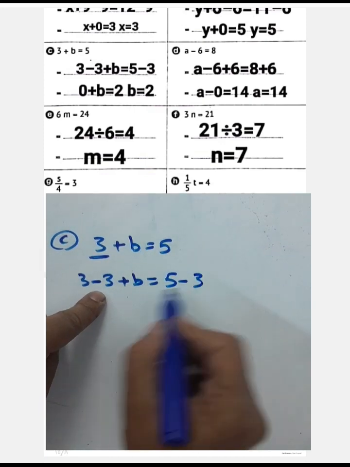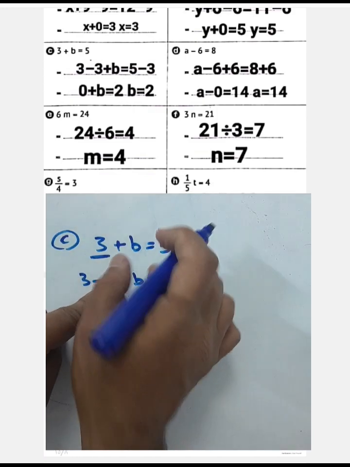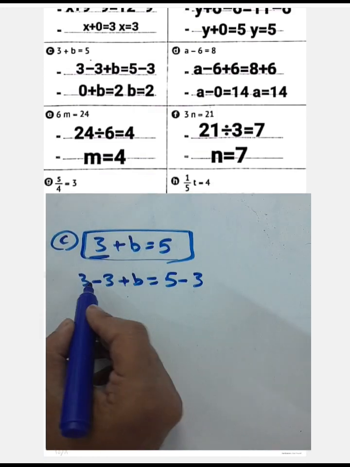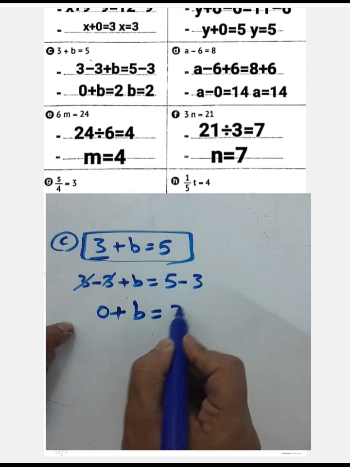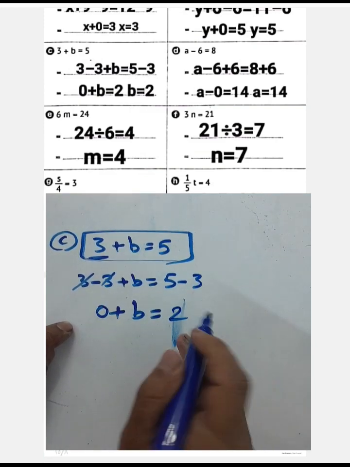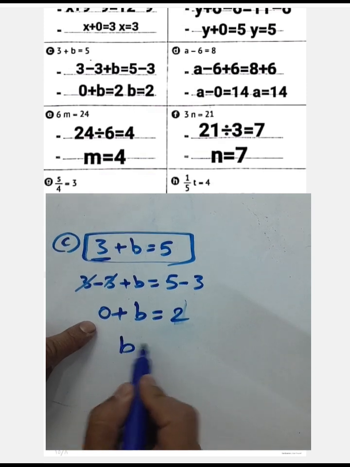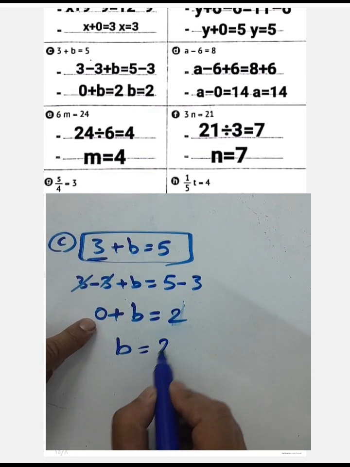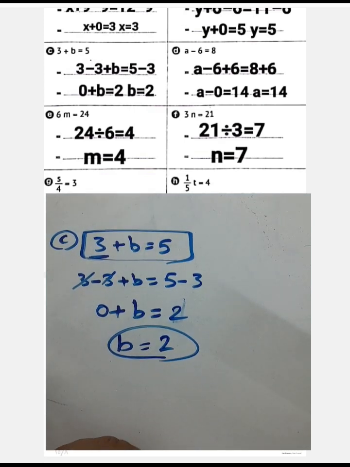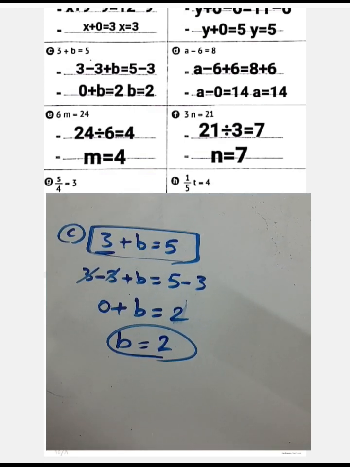You must add negative 3 to the left-hand side and right-hand side of this equation. 3 minus 3 equals 0. 0 plus p equals 5 minus 3 equals 2. Then 0 plus p equals p, because 0 is the additive identity. p equals 2. It's the solution set for letter C.